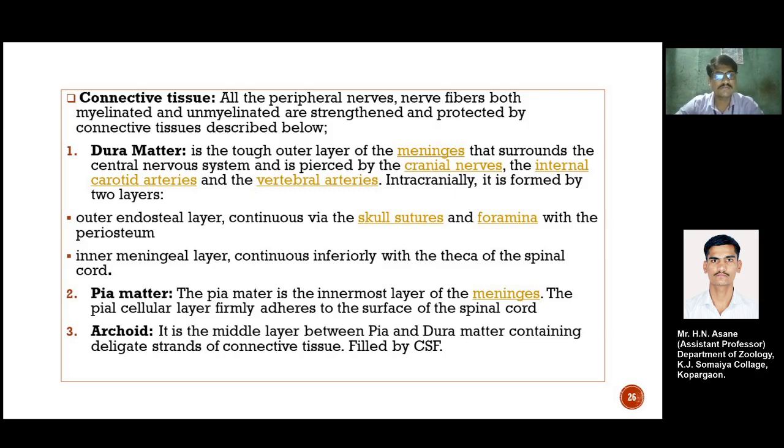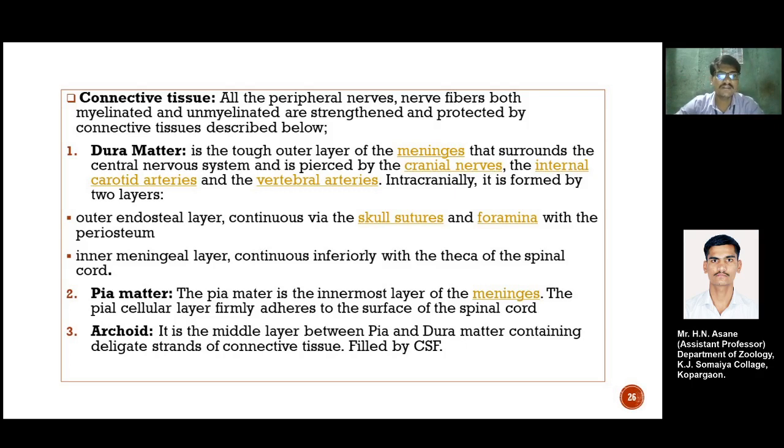The periosteum is the covering of the bone. So this dura mater is the uppermost layer of the meninges, and it is the hard and toughest part.